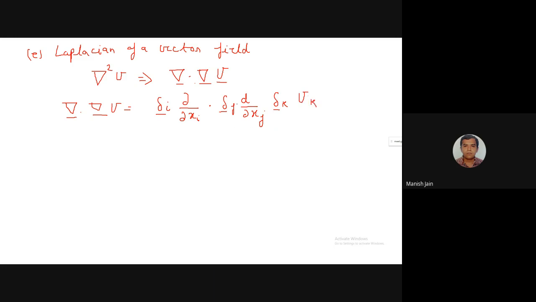Now you have to take the dyadic product between the j and k, and here there is no sign, so this is the dyadic product. So you will get e_i del by del xi dot e_j e_k multiplied by del vk divided by del xj.